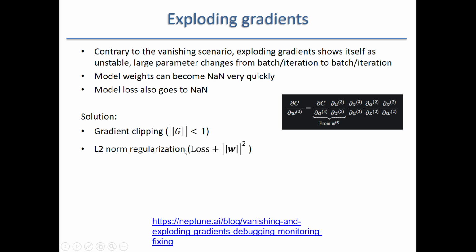So you have a loss function, and then you add to it the norm of the weights. If you use the L2 norm, normally the weights tend to go to relatively small numbers. And if you use the L1 norm, you can even have sparse networks in which many of the coefficients are zero and only a few survive and give the output.